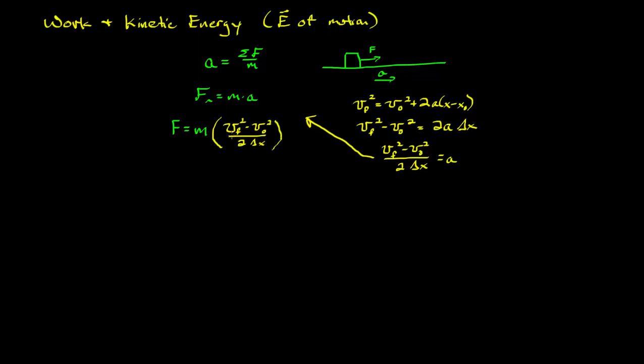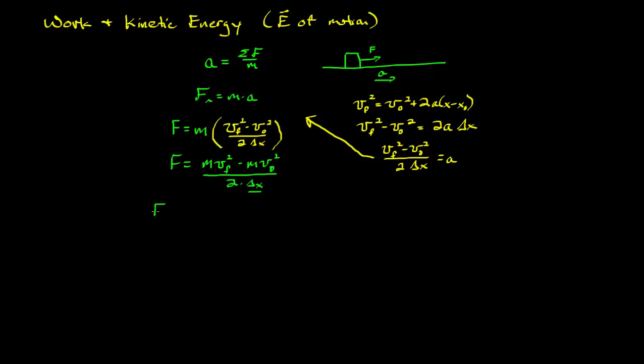All right, now let's distribute and then we'll move some stuff around. So force is equal to, distributing the mass, mass Vf squared minus mass V naught squared over 2 times delta x. Then I'm going to move this delta x, so we'll multiply it up here.